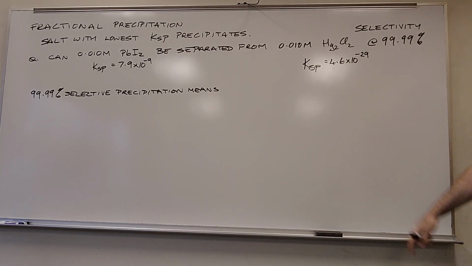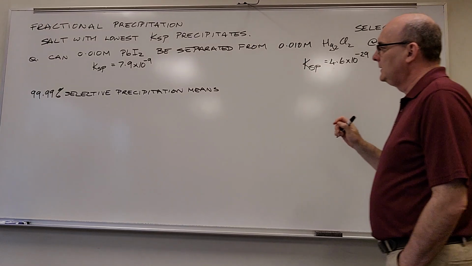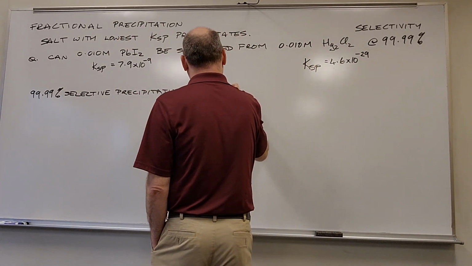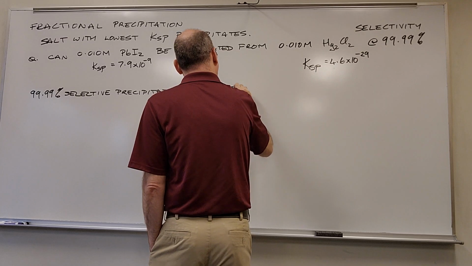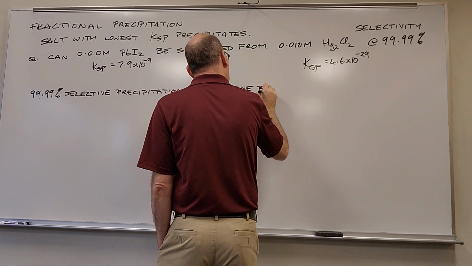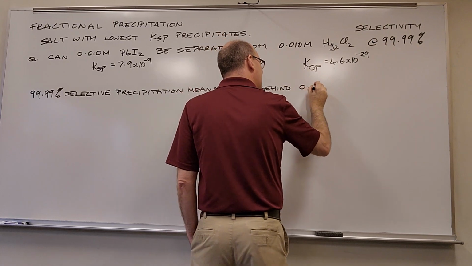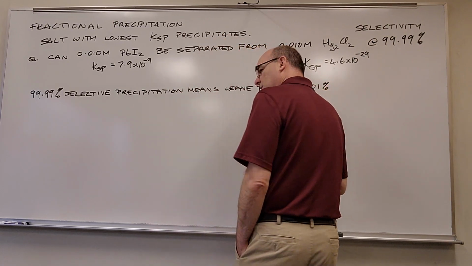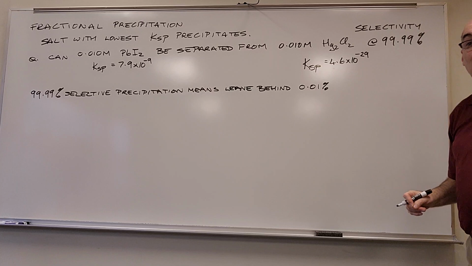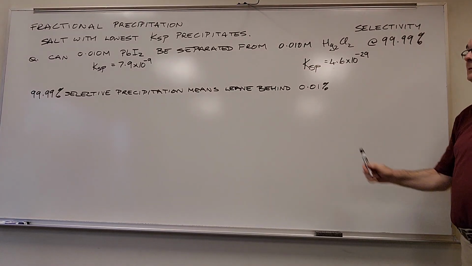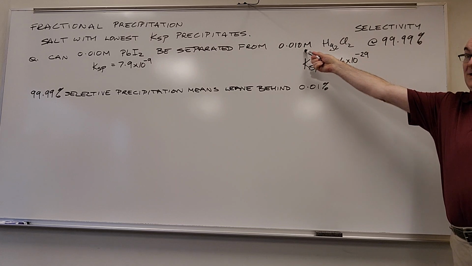The one with the lowest KSP precipitates first. At this percentage, we will leave behind 0.01% of what you've got. And what have I got? I've got that.